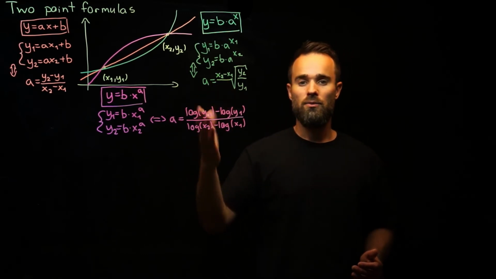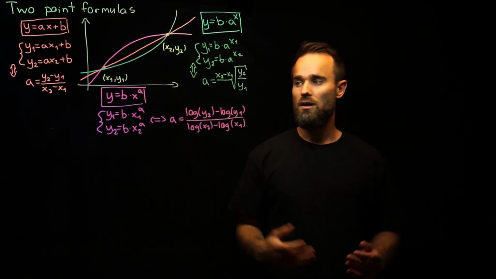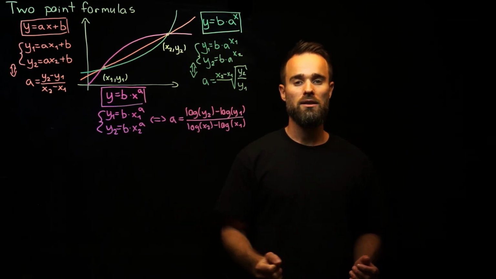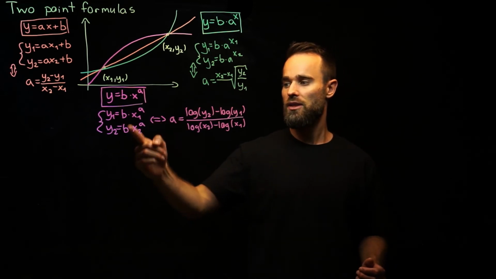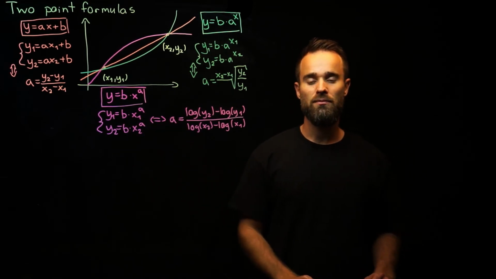Here they are along with their solutions. The unknown b in all cases is found by substituting the value for a in either of the original equations.